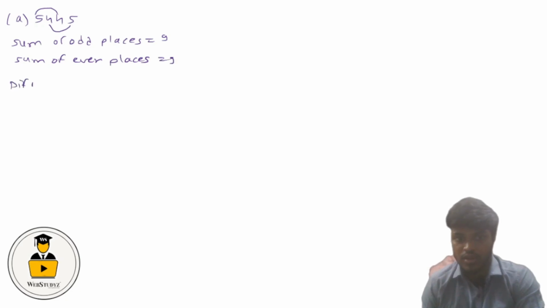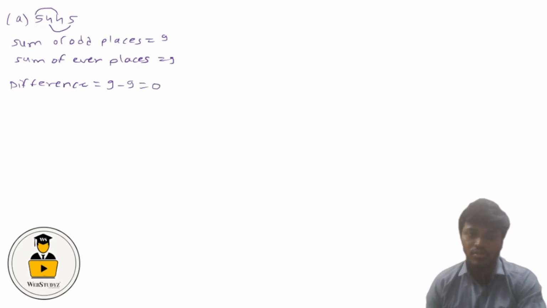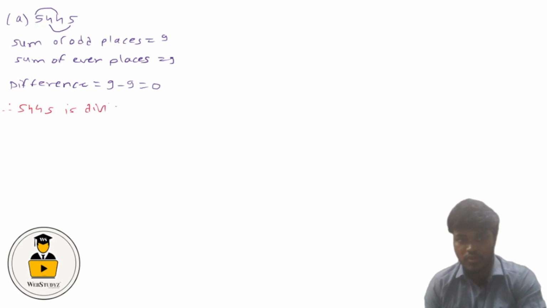Now let us find out the difference. The difference will be sum of odd places, which is 9, minus sum of even places, which is again 9. Since it is 0, we can say that the number 5445 is divisible by 11.